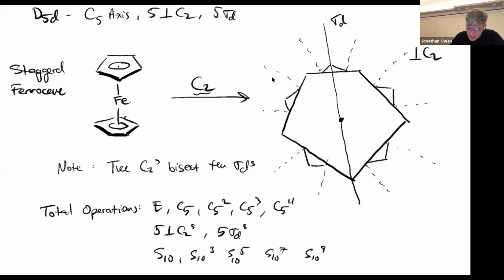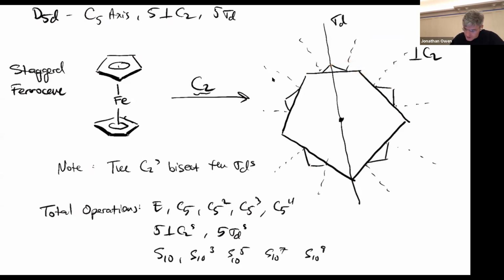What's an S10? So let's just do S10 once, right? S10 once says rotate 1/10 of the way around. Well, I have 1, 2, 3, 4, 5, 6, 7, 8, 9, 10 points. So I'm gonna go 1/10. There's my C10 rotation.